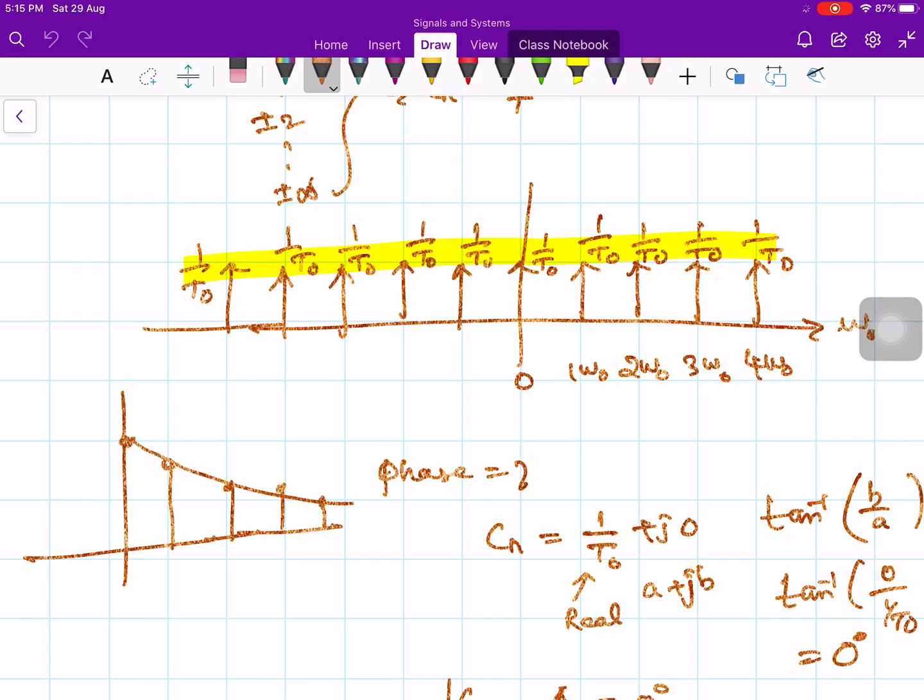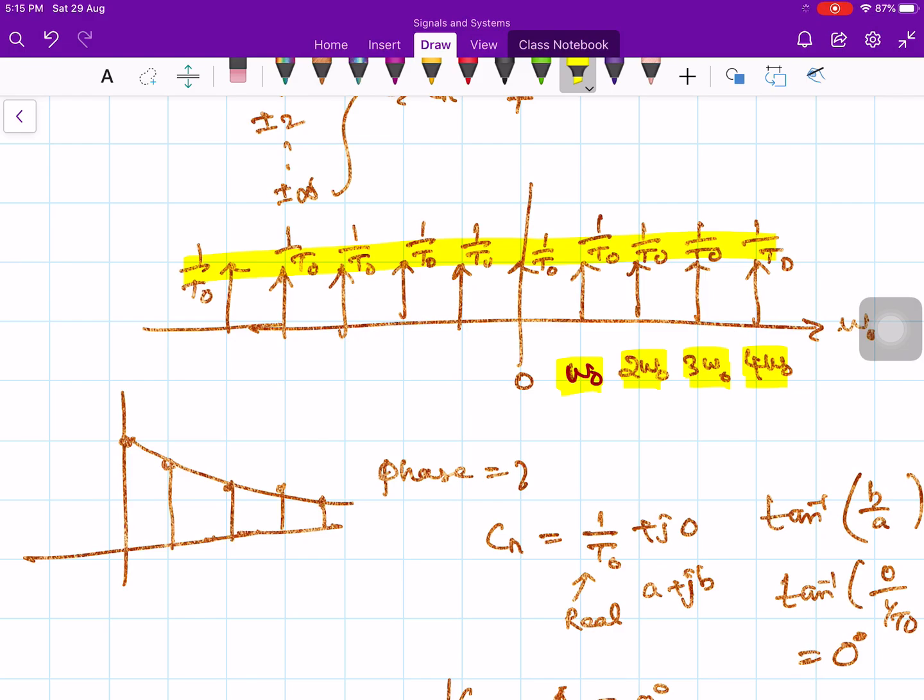So it is impartial to the order of the harmonic, whether it is a second harmonic or third order harmonic. See, this is the fundamental omega naught. This is the fundamental component, then the second harmonic, third harmonic, and fourth harmonic.